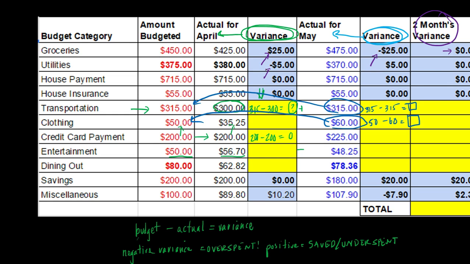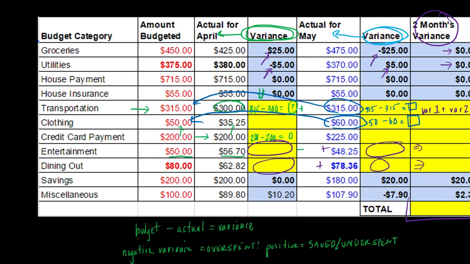Utilities, they underspent $5 and they overspent $5. So it's a 2 months variance of 0, and so on. So all you're going to do is take the first variance you calculated and add it to this second variance you calculated. So this plus that, this plus that, and so on will give you this column. Okay?